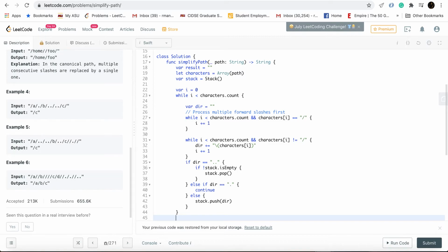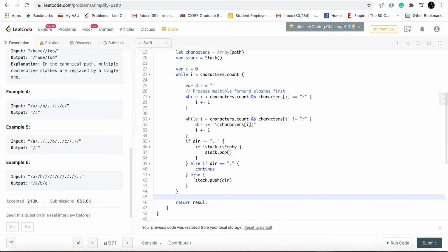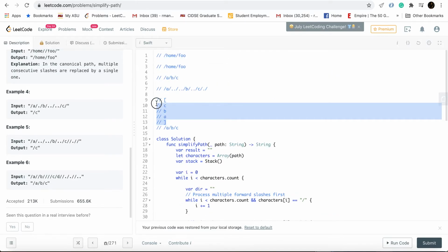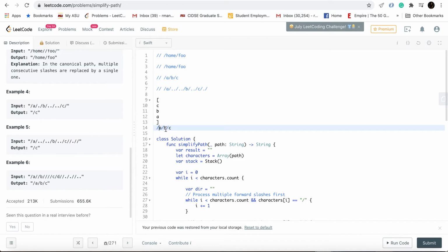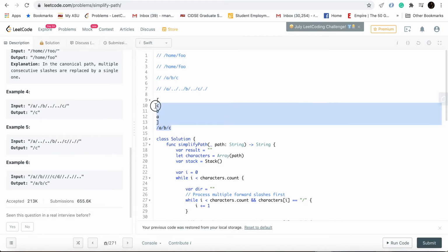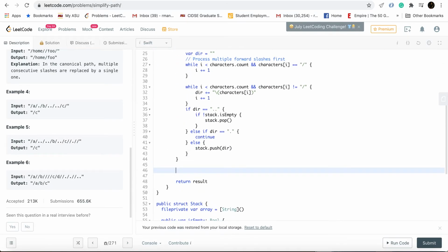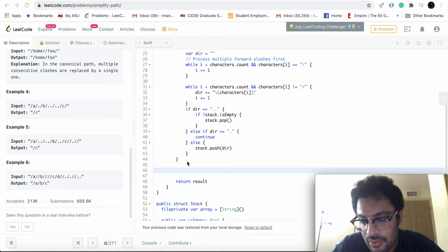Now, cool. At this point, after this loop has ended, what we have is this stack. Okay, and then we have to go from this to this string. Cool. Now we'll start working on that part. After the loop ends, our stack has all the directory names that should be in the final output.